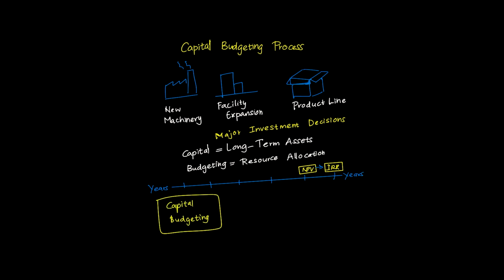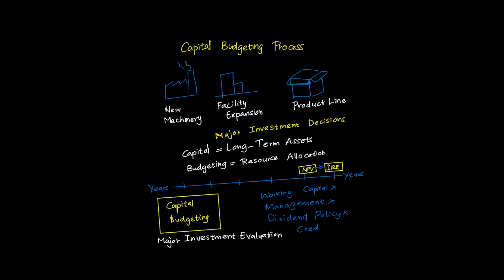This isn't working capital management, which deals with day-to-day operational assets and liabilities like inventory and accounts payable. It's not dividend policy, which decides how much profit to pay out to shareholders versus retaining for growth. And it's not credit management, which involves policies for extending credit to customers. Capital budgeting is specifically the process for evaluating major, long-term investment decisions that shape the company's future.